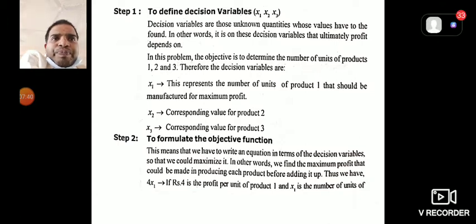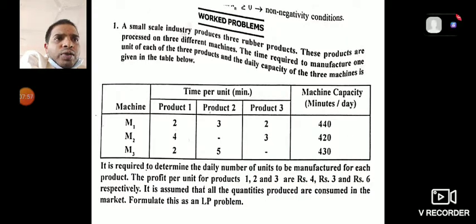Now go for formulating the objective function, that is the second step. The objective function, as I said, comes under profit, so the objective function is to maximize some problem. Per product, how much profit are we getting? 4 for product 1, 3 rupees for product 2, and 6 rupees for product 3.